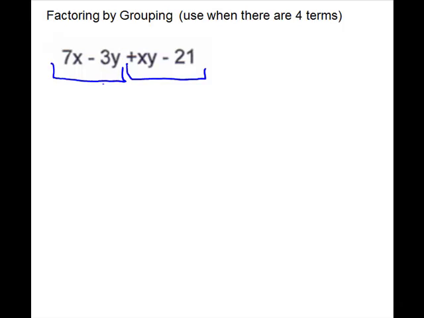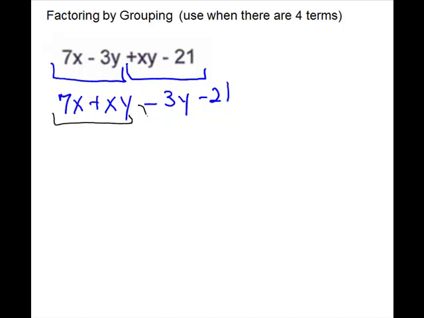So this is not going to work. What we can do is rearrange it, put the terms that have something alike beside each other. So I'm going to rewrite it, and I'm going to group 7x plus xy minus 3y minus 21 and try to group it that way.